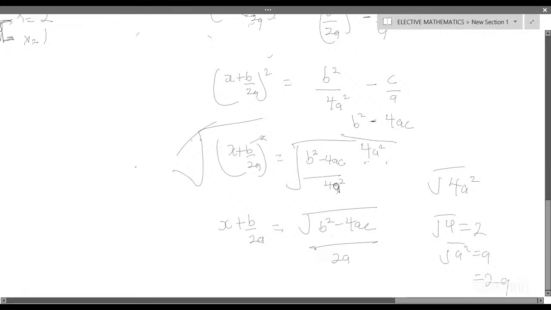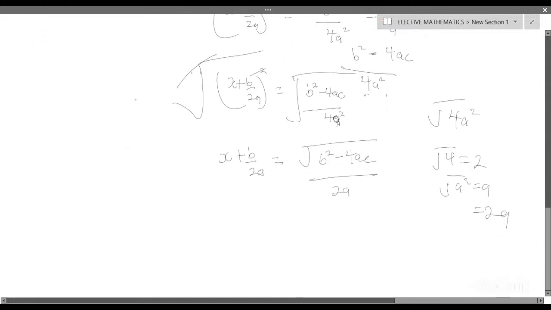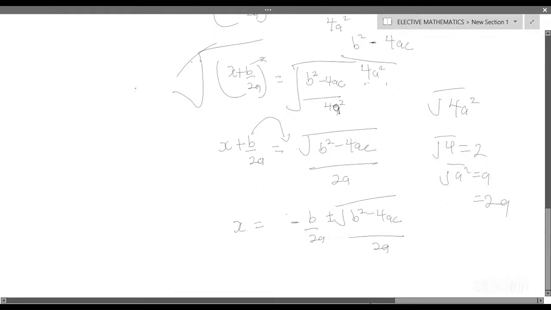You realize that now we are getting the quadratic formula. So now we can have our x equal to minus b over 2a, because once we move this one, it changes its sign to positive, right? So here, this square root, you have plus or minus root of b squared minus 4ac all over 2a. And you know that when the denominators are the same, we maintain 1, right?